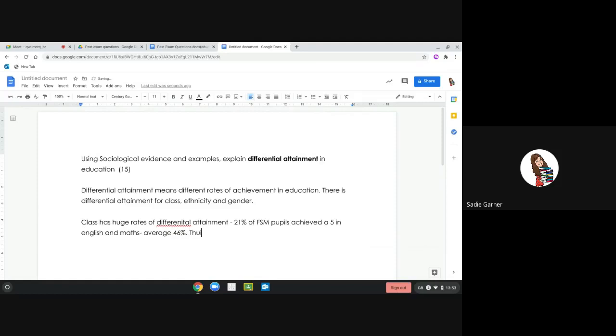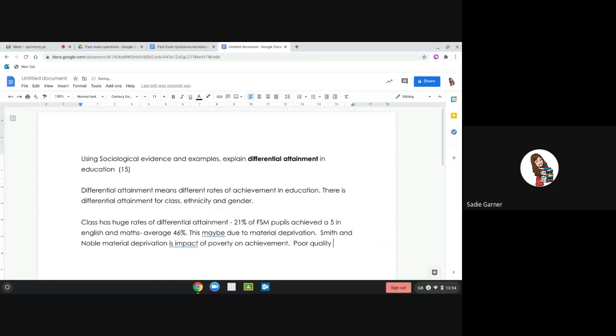And this may be due to material deprivation. So I'm going to use material deprivation as a reason for differential attainment and class. For Smith and Noble, material deprivation is the impact of poverty on achievement.